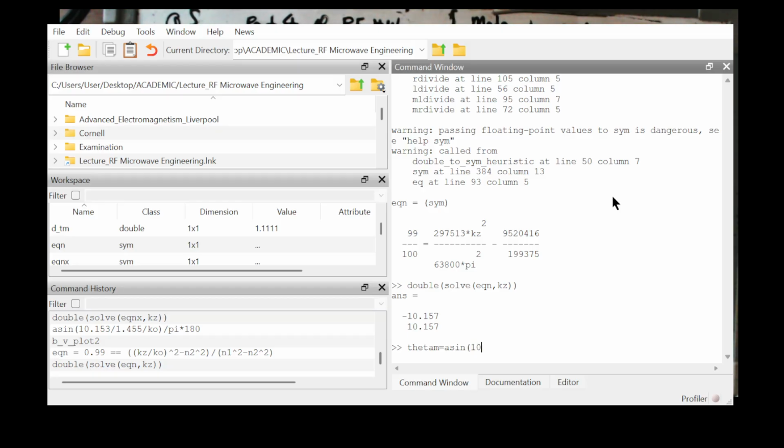And then 10.157 divided by n1 and k0, and I need to change it to degree.